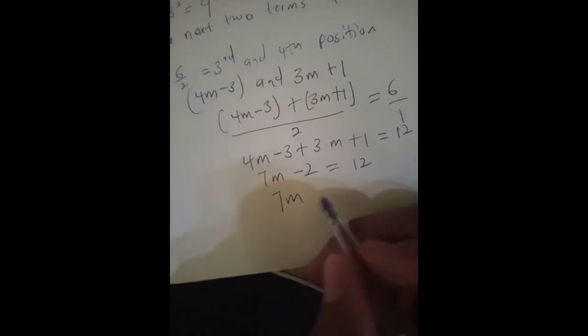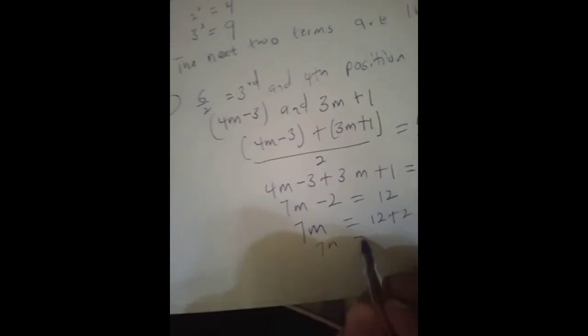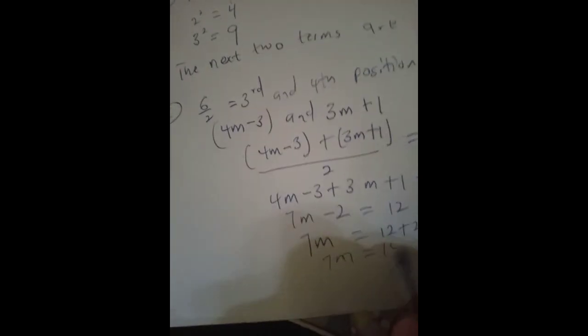This gives 7m minus 3 plus 1 minus 2, which is equal to 12. So 7m, the 2 will cross, so it becomes plus 2. So 7m is equal to 14.